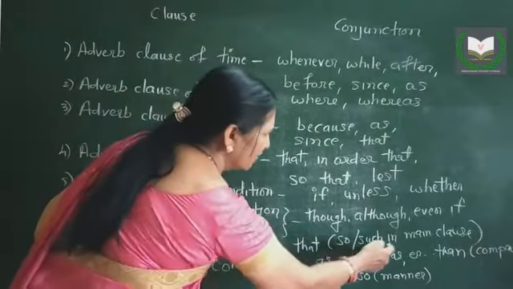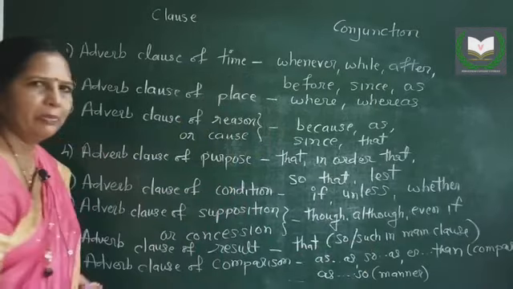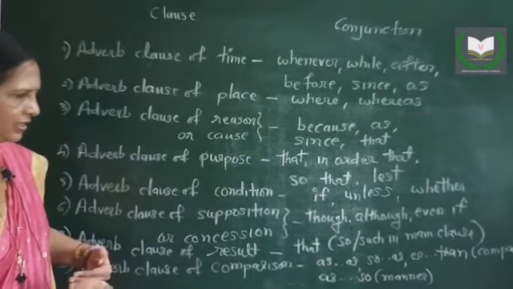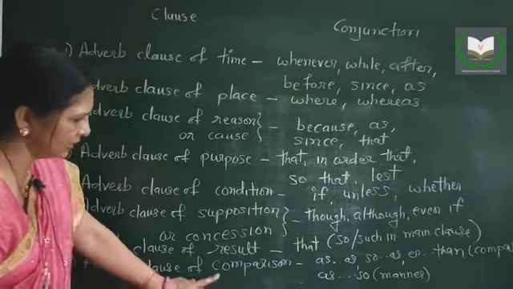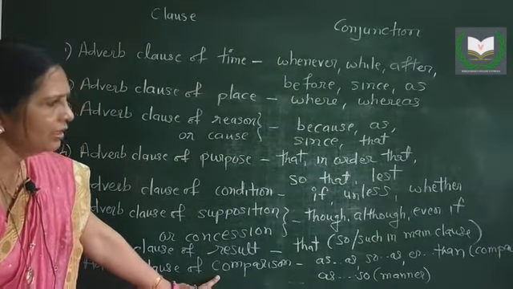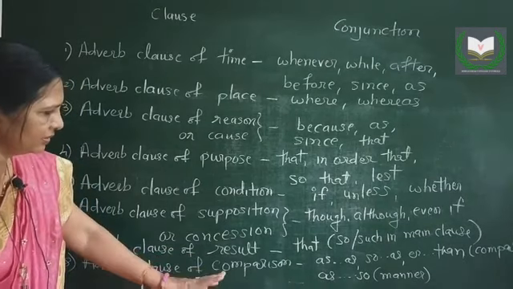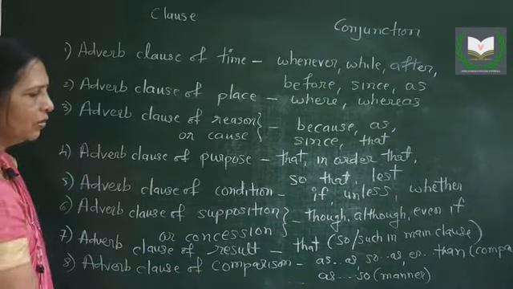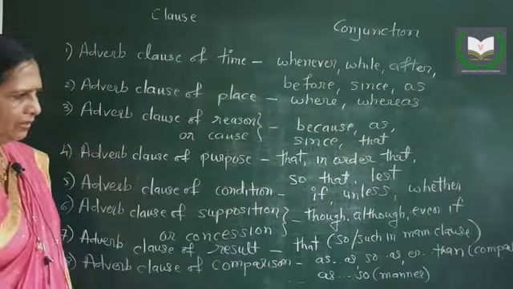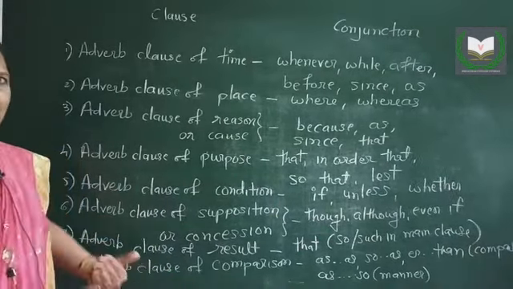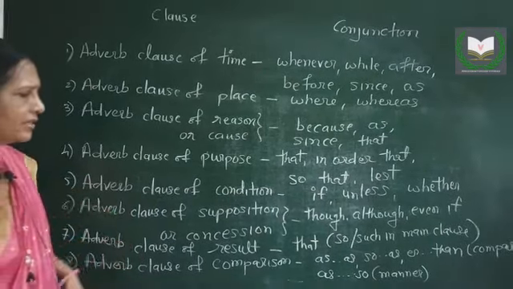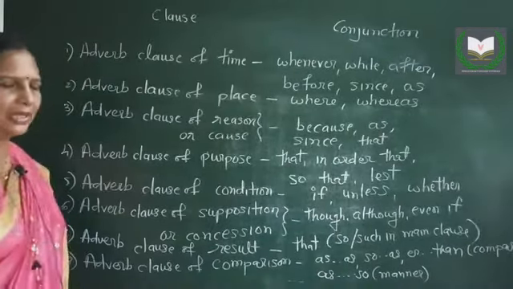Now such, so or such may be present in the main clause. Then adverb clause of comparison. This comparison, in fact, they are of two types. In one there is only comparison. For example, Ram is taller than Hari, or Ram is as tall as Hari, or Hari is as tall as Ram. These are adverb clauses of comparison.